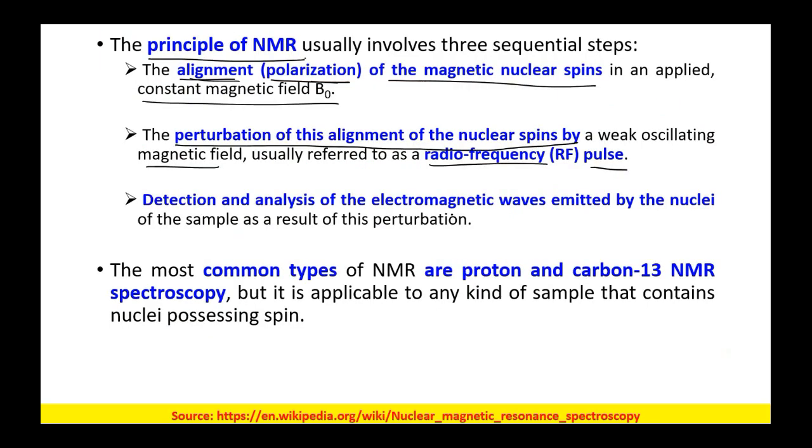Right? It has gone to the high energy state while you have given the RF pulse, and the next step is the detection and analysis of the electromagnetic waves which are emitted by the nuclei of the sample as a result of this perturbation.